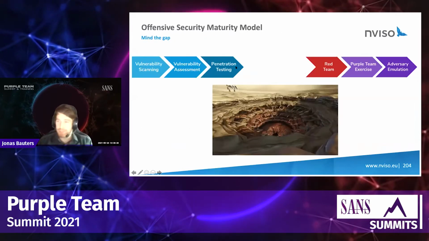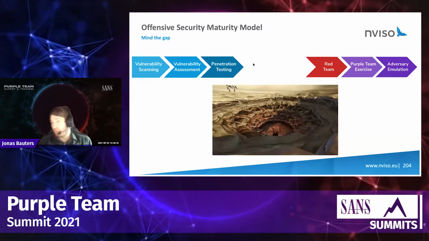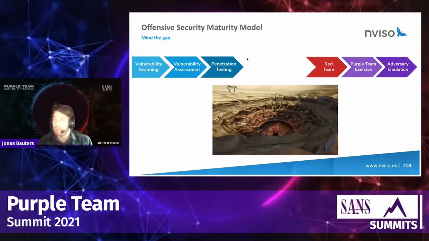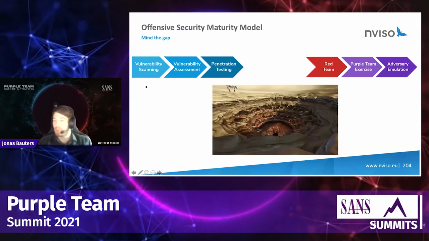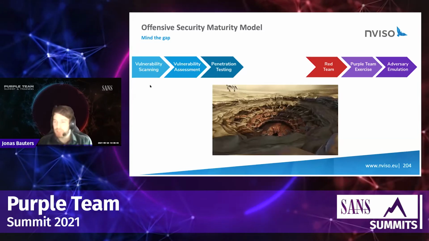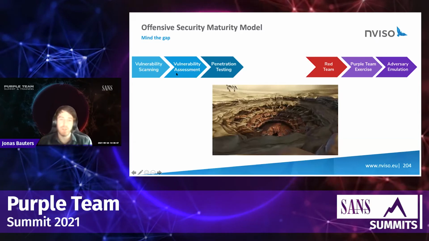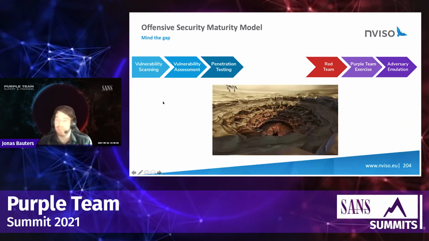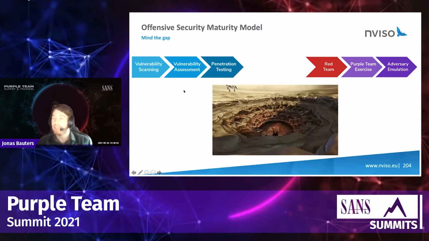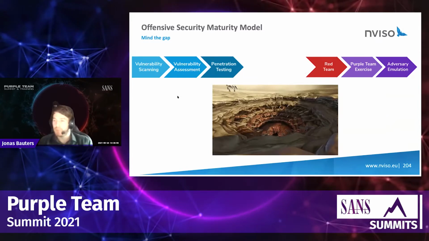So going back to the offensive security maturity model, there is, in my opinion, a bit of a gap between the left and right side. So left, in short, you have vulnerability scanning. That's looking for vulnerabilities, trying to identify them. Then going on to assessment is weeding out the false positives, verifying if the vulnerability is actually there. So not blindly believing what your automated tool is telling you.